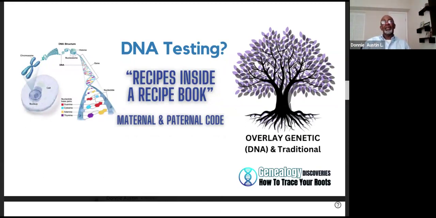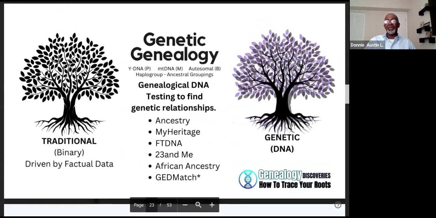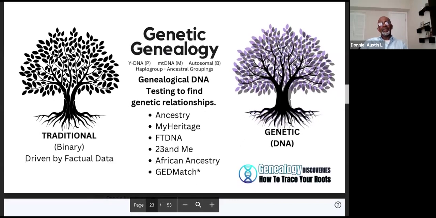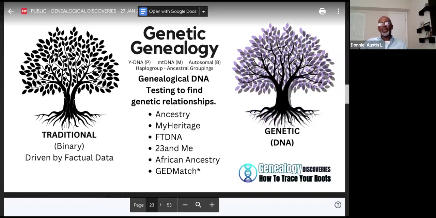These are the platforms that test for DNA: Ancestry, MyHeritage, Family Tree DNA, 23andMe. And if you're looking for a deep dive on African ancestry, they have a website and a service called African Ancestry. Then, what happens if my second cousin tests on Ancestry and someone else tests on 23andMe? Do we all have to keep taking the same test?